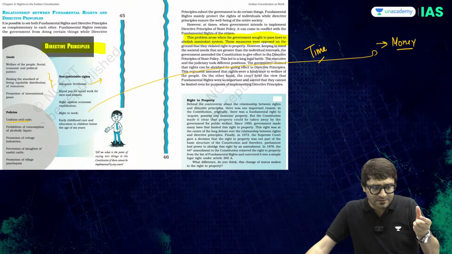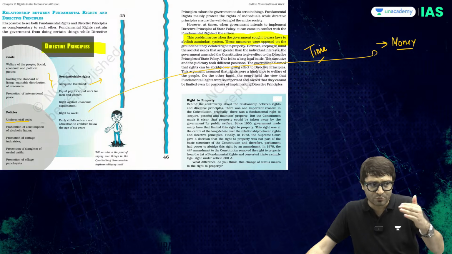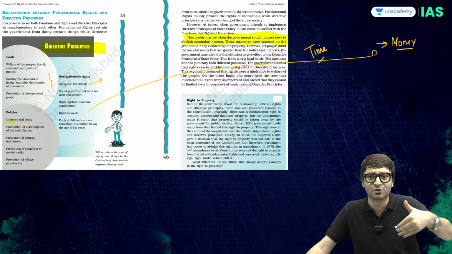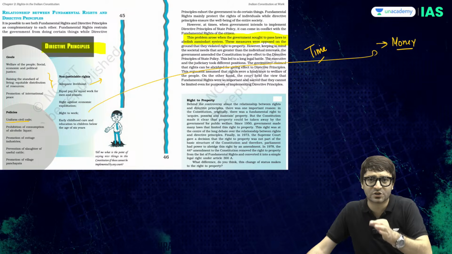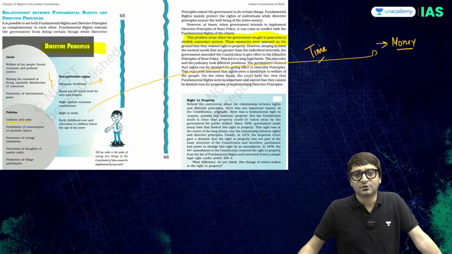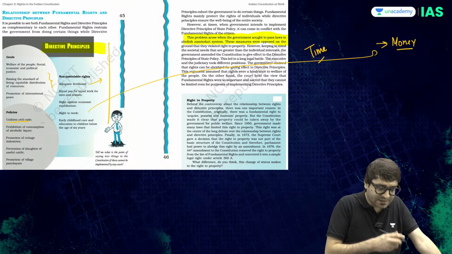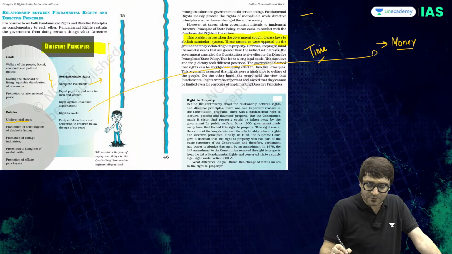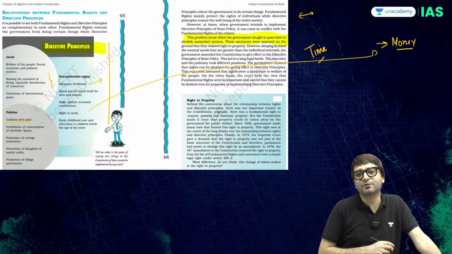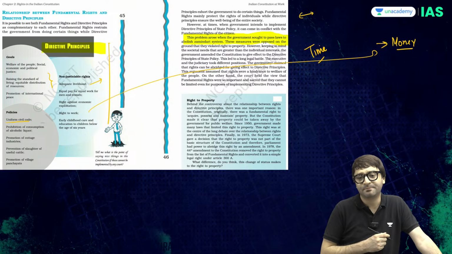But then, this Sone ki Chidiya, as India was called, this golden sparrow, the British came to exploit the resources from India. And when the British left, India was one of the most impoverished countries of the world. So we lacked money, we lacked resources. So we needed money and resources to implement these directive principles. That is why these directive principles are not enforceable in a court of law. Not because they are inferior, but because the state needs time and resources to implement them.